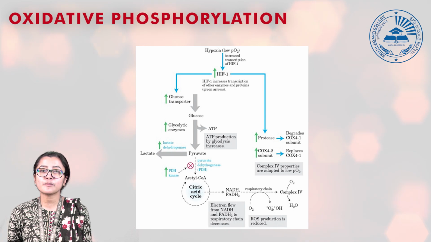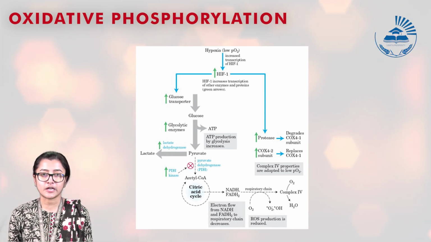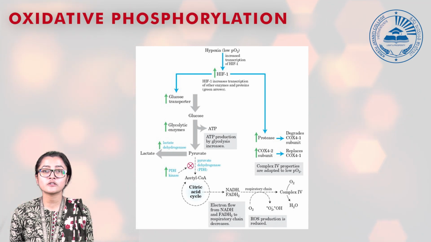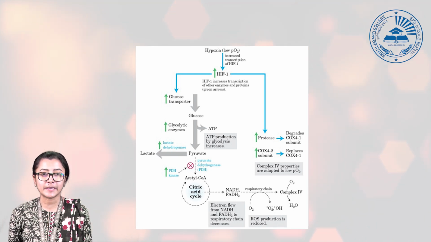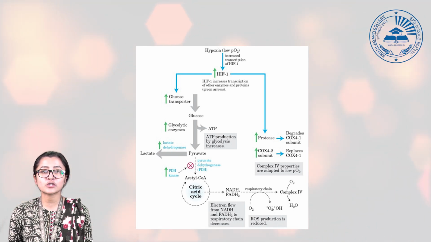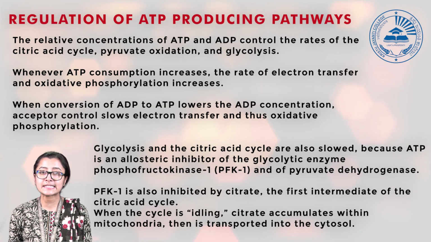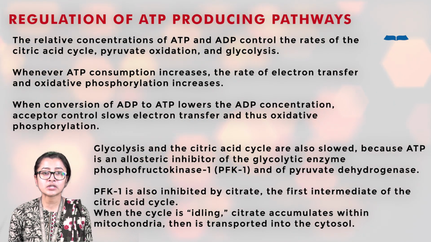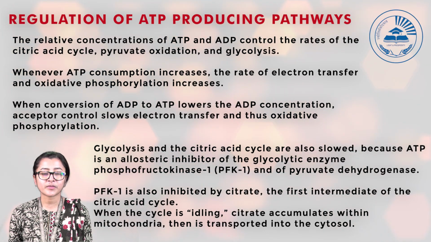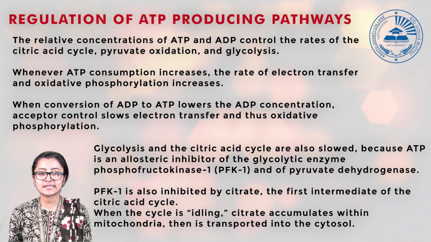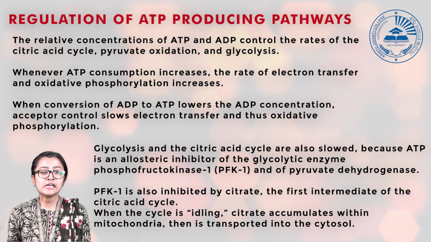The second type of regulation that takes place in oxidative phosphorylation is through the concentration of ATP and ADP. The relative concentration of ATP and ADP controls the rates of the citric acid cycle, pyruvate oxidation as well as glycolysis. Whenever ATP consumption increases, the rate of electron transfer and oxidative phosphorylation also increases.